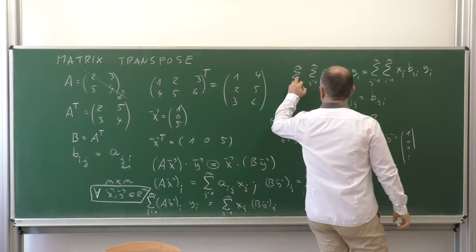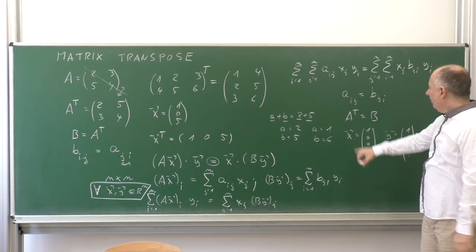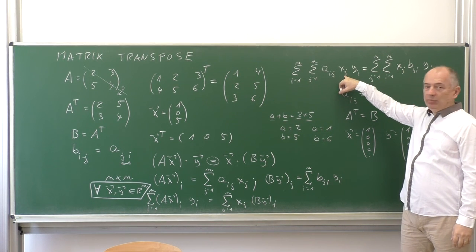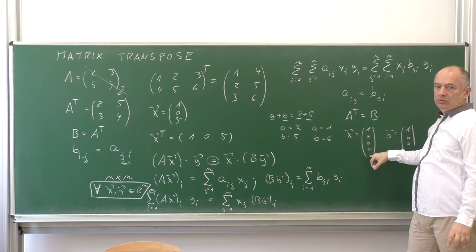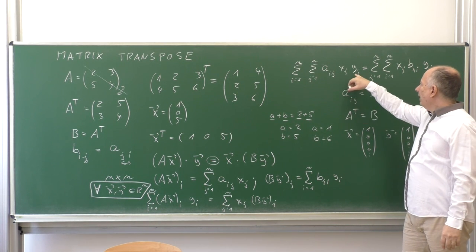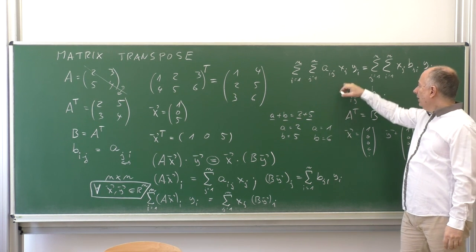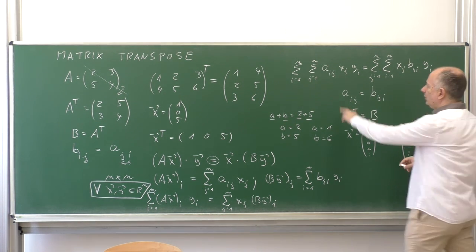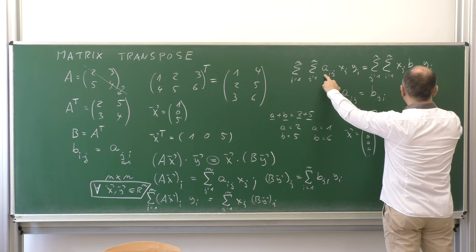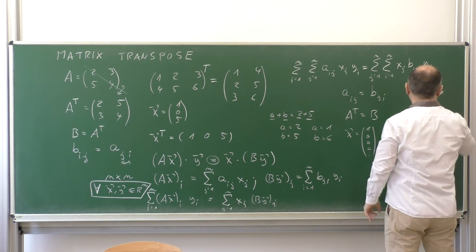Then we can forget the sums because j must be 1, otherwise we have a 0 term. And i must be 1 as well. So for these two vectors, we see that a_11 must be b_11.